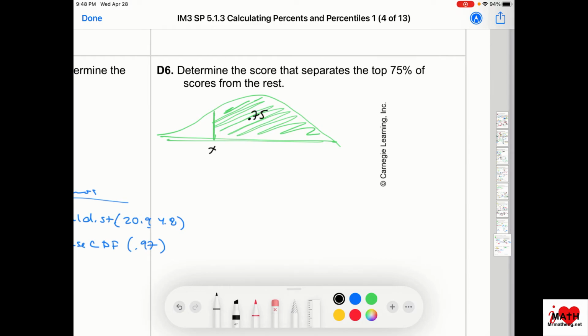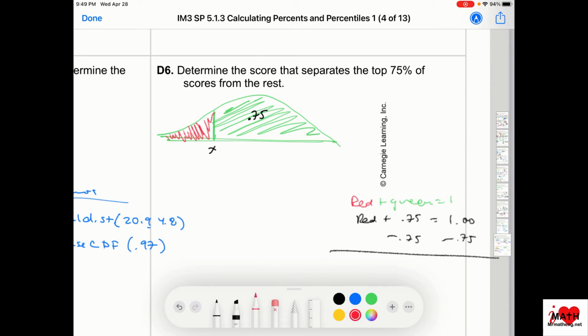And we're trying to find X. And that does mean you have to find this red region. Let's make sure we're clear. Red plus green equals 1. So if green is equal to 0.75, you subtract 0.75 from 1.0, you will get the red region to be how much?